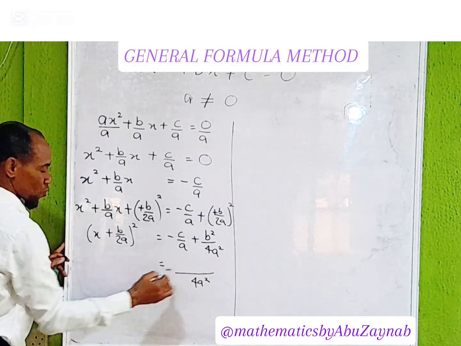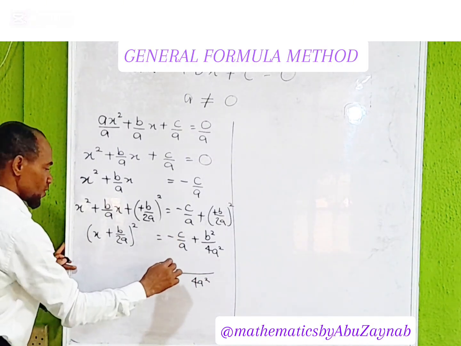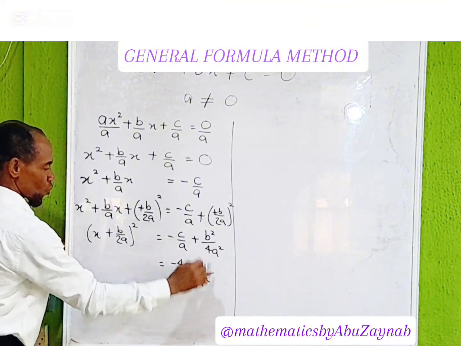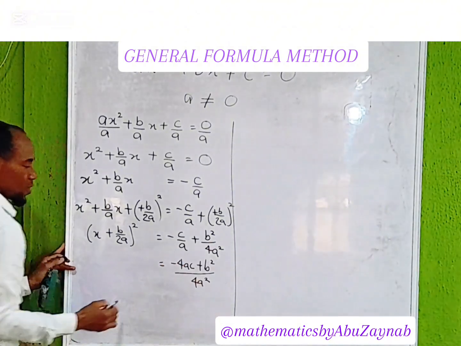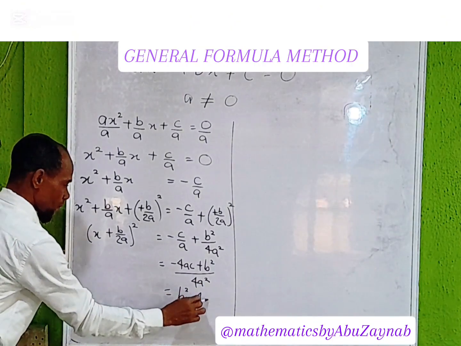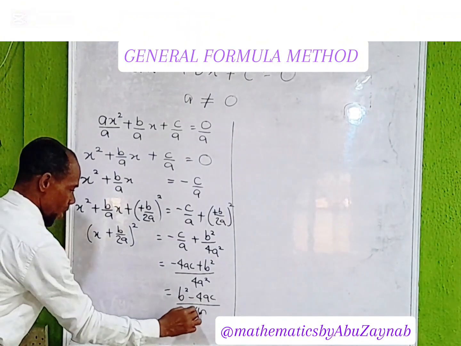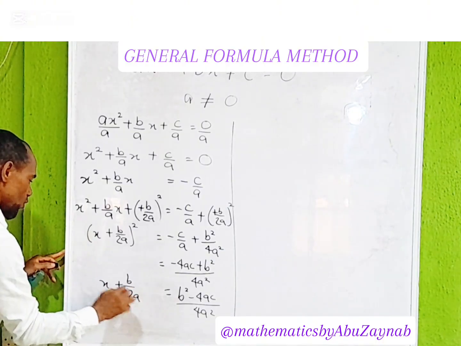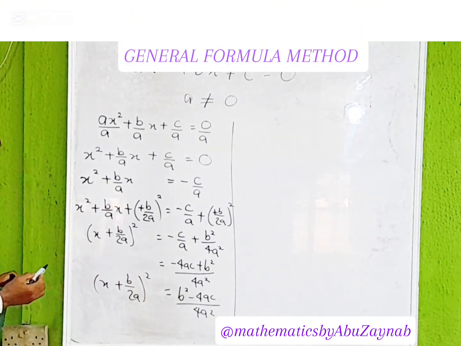So a in 4a squared is 4a times minus c, minus 4ac, plus 4a squared and 4a squared is 1 times b squared. We've got b squared minus 4ac over 4a squared. That is still x plus b over 2a all squared.